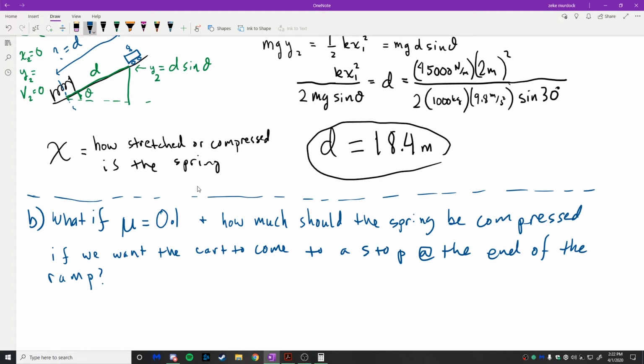How much should the spring be compressed if we want the cart to come to a stop at the end of the ramp? Does that make sense to you guys? We have to find x1 now, but it's going to be more complicated than that because there's also friction.